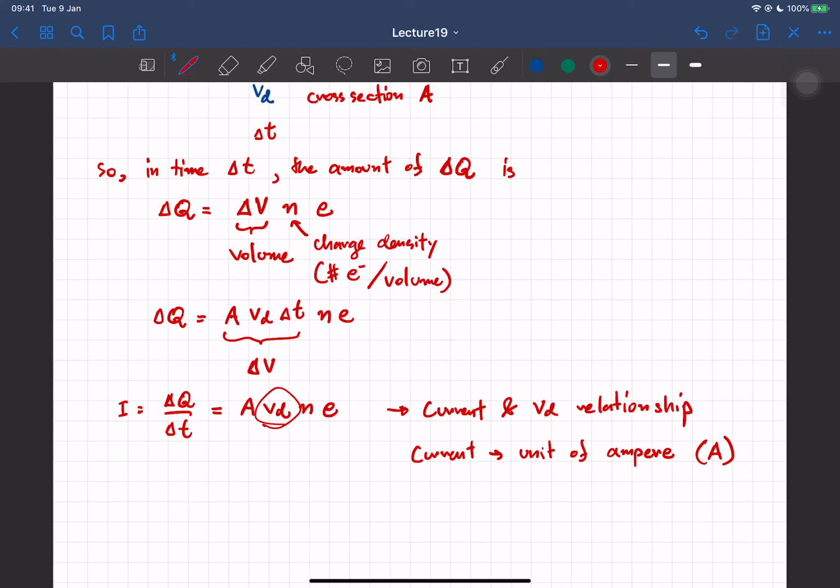How fast is the electron moving? You can calculate Vd from this. In one of your homework questions, you're going to be calculating this kind of thing.